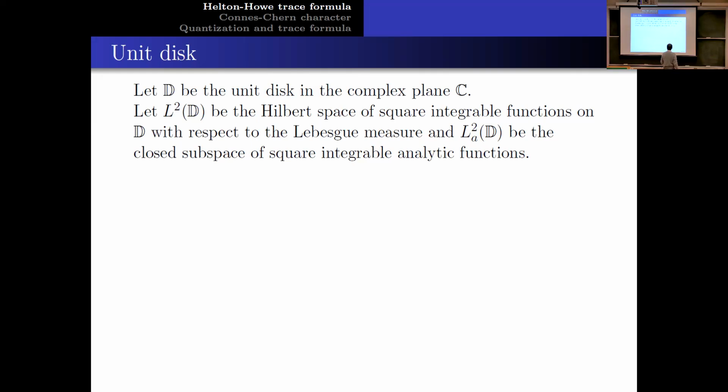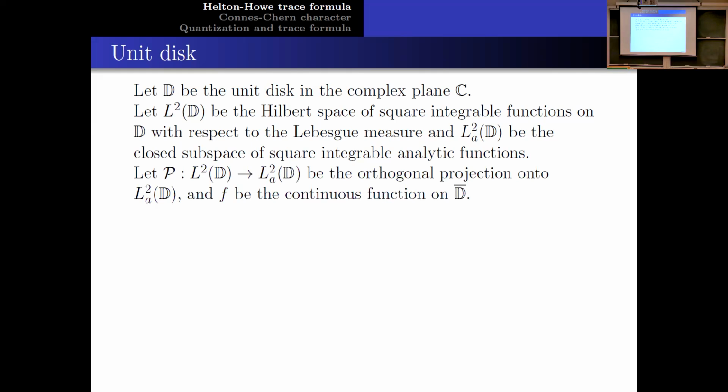Then we have a nice subspace, the space of L2 analytic functions. This is a closed subspace of the L2 space. The orthogonal projection onto it is what we usually call the Szegő projector, and the L2 space of holomorphic functions is called the Bergman space.